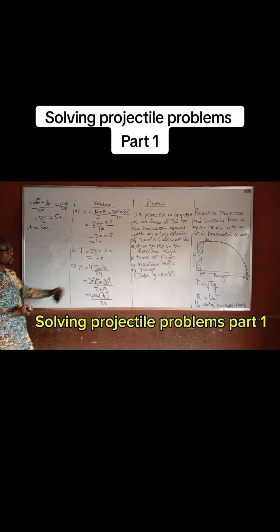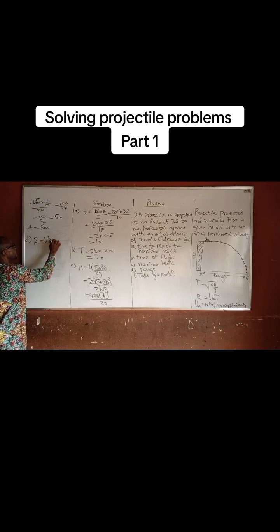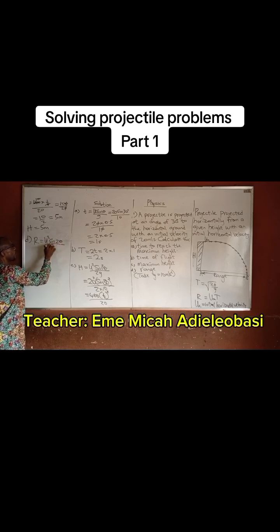Then we're going to look at our D, the range. Our range is given by u squared sine 2 theta all over g. And this is 20 squared sine 2 times 30 all over 10. So we now have 400. 20 times 20 is 400.